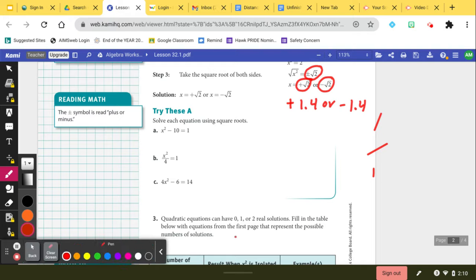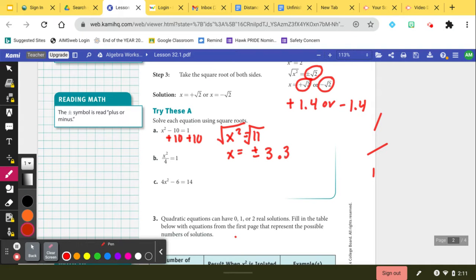So in order to get x squared on its own, I would need to add 10 to both sides. So I get x squared is equal to 11. Square root it. So x would equal the positive or negative version of the square root of 11, which is 3.316, so estimating to the nearest tenth, 3.3.